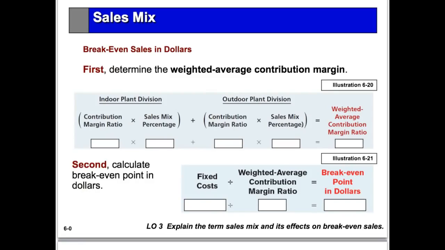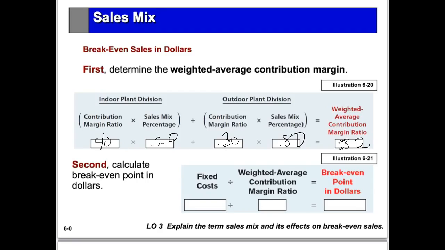To calculate the break-even, first the weighted average contribution margin ratio. For the indoor plant, it was 0.40 times the sales mix of 20%. The contribution margin ratio for the outdoor was 0.30 times the sales mix of 80%. So we get a weighted average contribution margin ratio of 0.32.